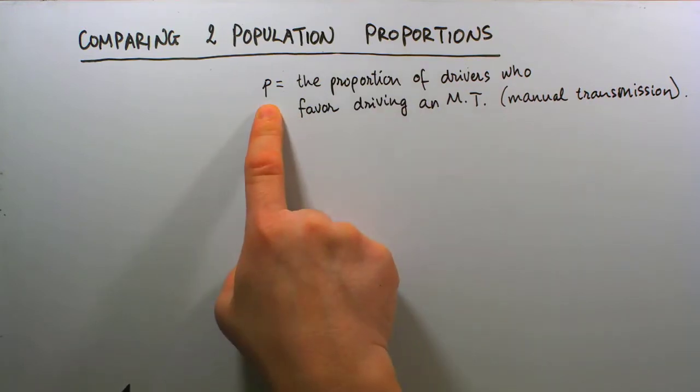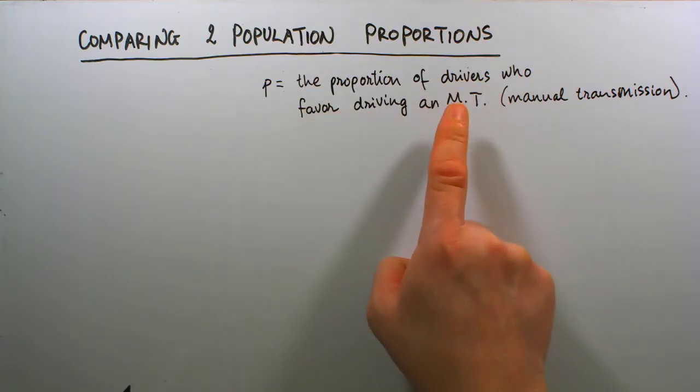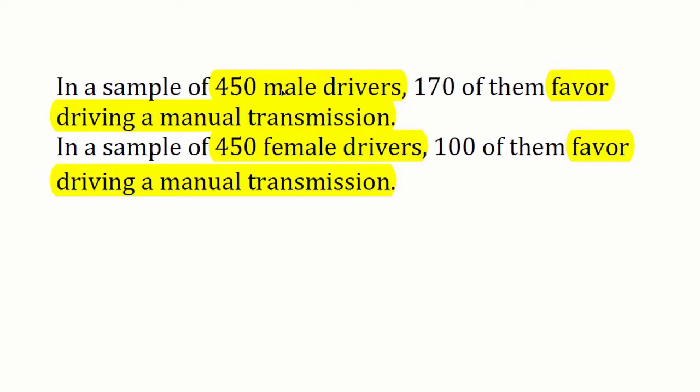And as of right now, looking at this proportion, it's just some general proportion in the entire population of drivers. Again, back into the wording description of our two samples here, then clearly we have had one sample as highlighted in yellow here, being selected from the male drivers. And for now it's a little ahead of time, but in this sample we found 170 of them.